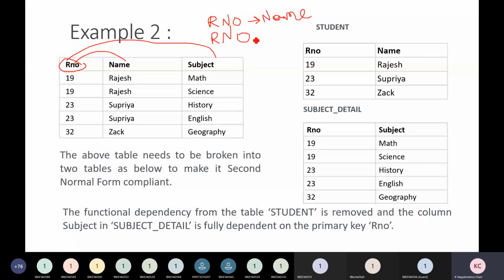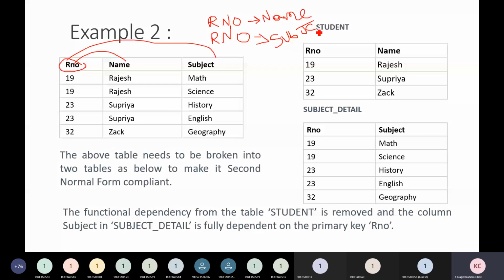So only one functional dependency, no problem, but with more than one functional dependency, you have to divide that table into two tables. Okay, because we want to eliminate more functional dependencies in the table.